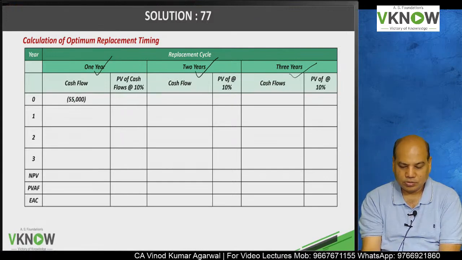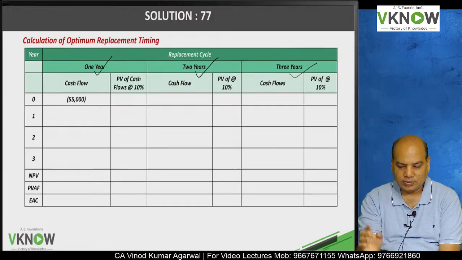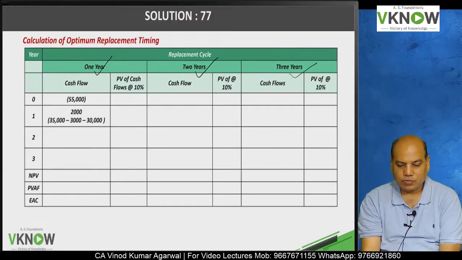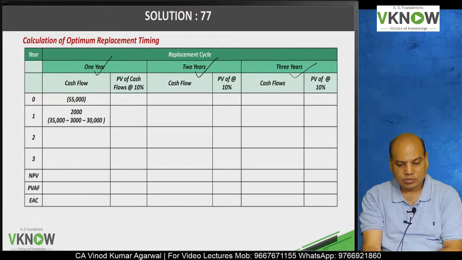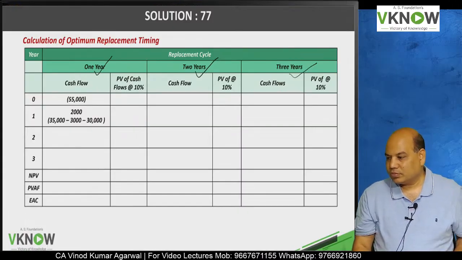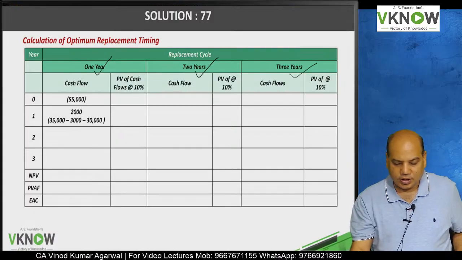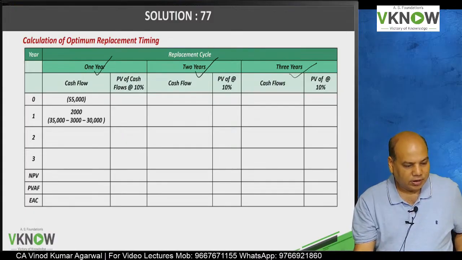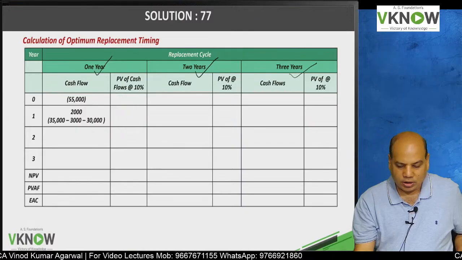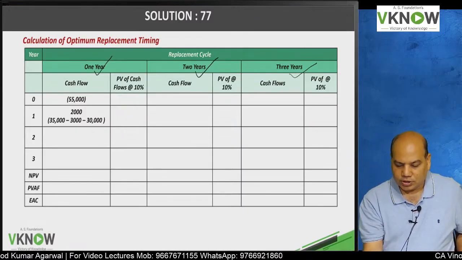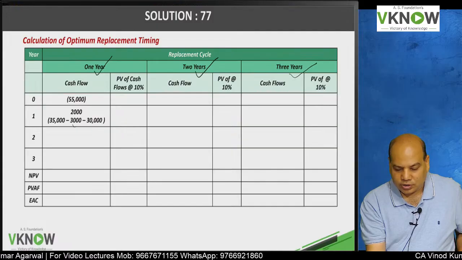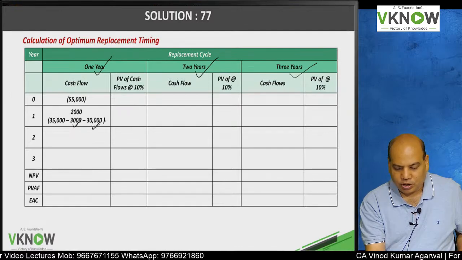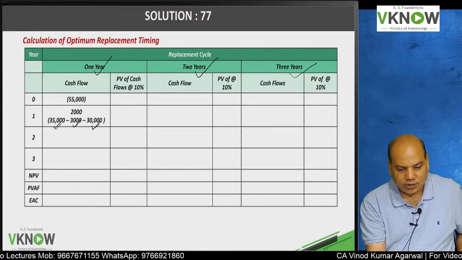Suppose I replace every year. My cash flow in year 0 is 55,000, the cost of the machine. In year 1 I incur 3,000 road tax and 30,000 petrol and repair, and I get 35,000 rupees salvage value.